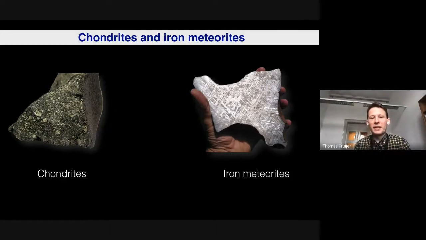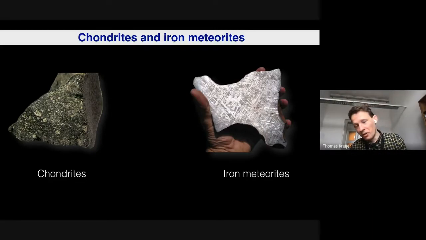And then the other broad class that I will discuss are differentiated meteorites. And these are very different types of meteorites because they stem from meteorite parent bodies that underwent some degree of differentiation, some melting, and either metal-silicate differentiation or silicate differentiation in the mantle of a body.